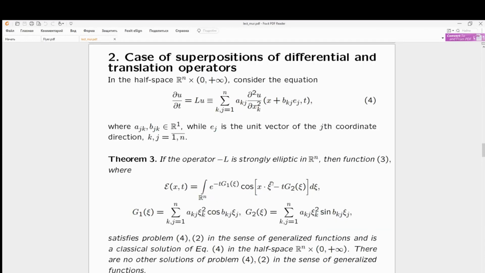But in this case, the Poissonian kernel is naturally different. It is computed as follows. The kernel has the following form now.